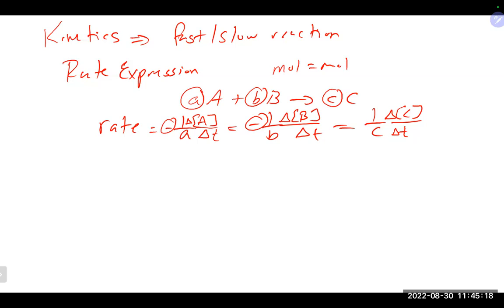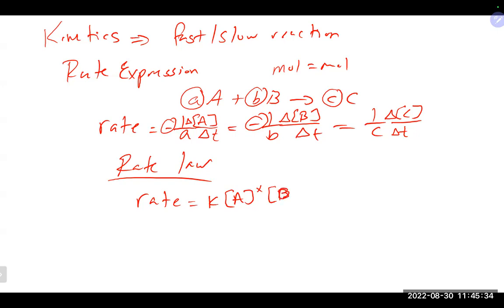We also then started talking about the rate law. And the rate law is a little bit different than the rate expression. It usually has a formula of something like this, for example, where this is the rate constant, which for the most part, if it's a large value, will mean that the reaction will occur pretty quickly.